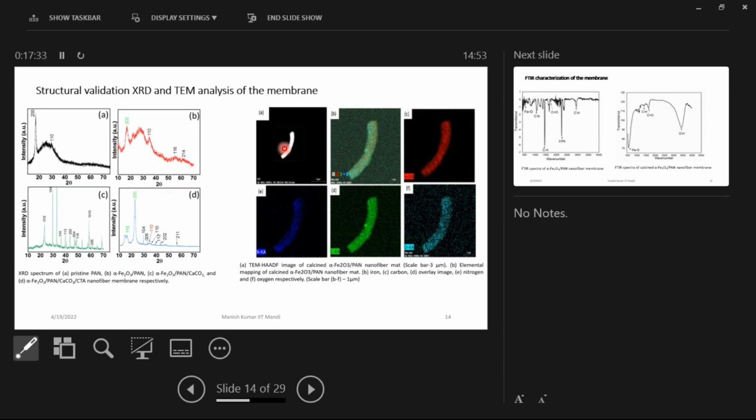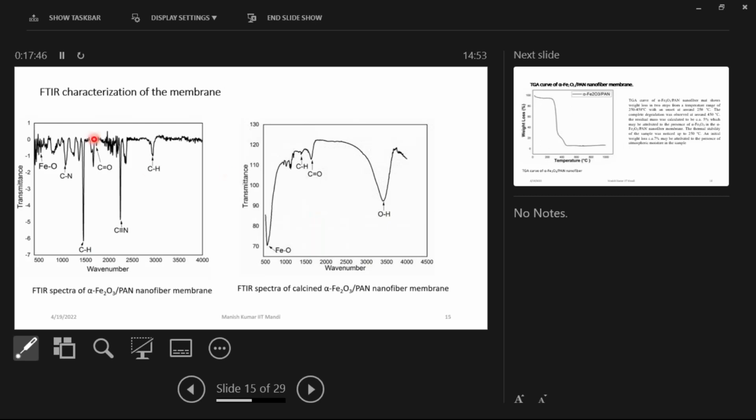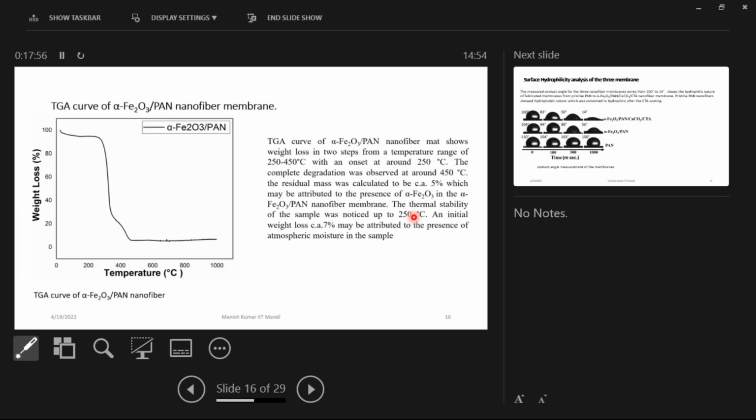In the TEM image you can see carbon, nitrogen, oxygen, and iron, all uniformly distributed throughout the fiber. In FTIR we are also able to see the iron footprints, and some other functional groups like carbon, oxygen, and OH hydroxyl bonds.